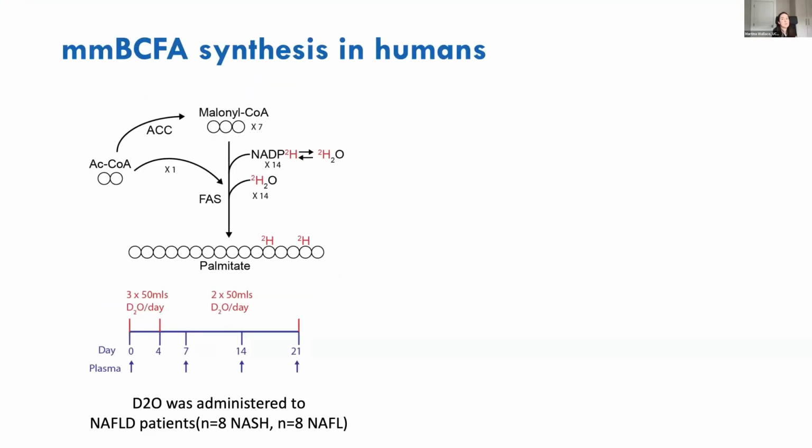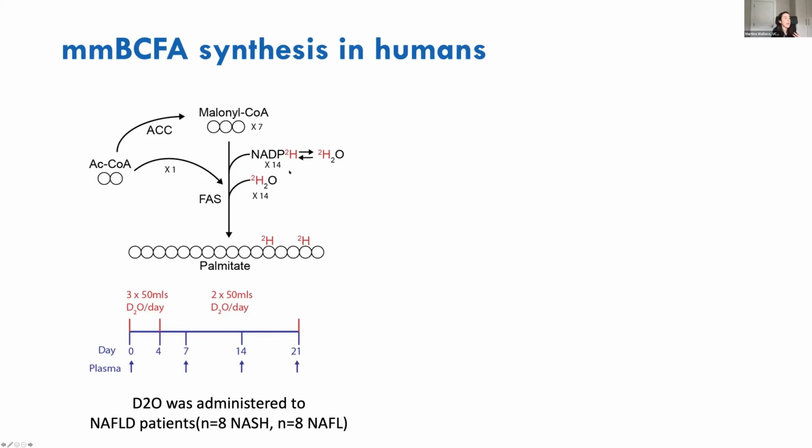So we worked with Rohit Loomba at UCSD, who works with non-alcoholic fatty liver disease patients, and he had given his patients D2O or heavy labeled water previously to look at protein synthesis in fibrosis in these patients. But we decided to use these samples to see if we could see deuterium enrichment into the branched chain fatty acids, as this would tell us that they were being de novo made.